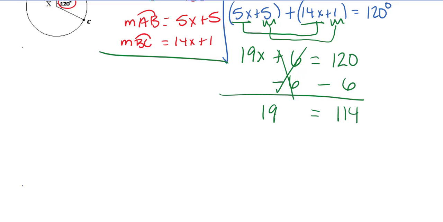And then we have 19x. Now, if we want to get x by itself, we need to undo this multiplication, because this is really like 19 times some number is equal to 114. So to find that value x, we're going to divide by 19 on both sides. Now let's get our calculators out.